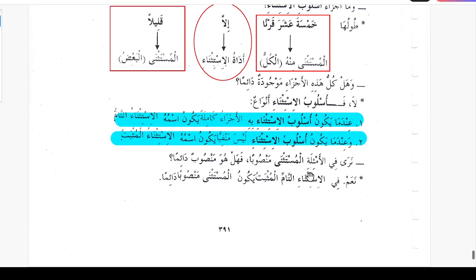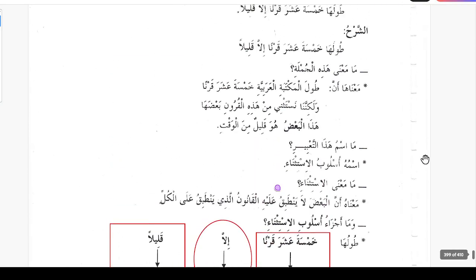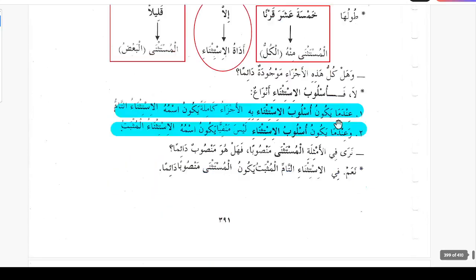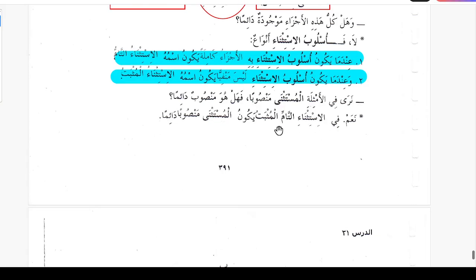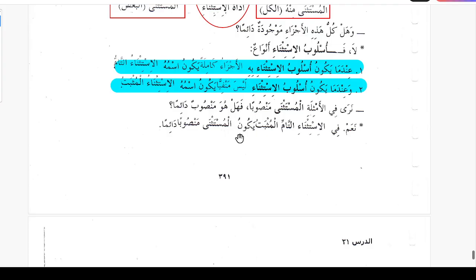Nara fil amsilatil mustasna mansuban, fa hal huwa mansubun da'iman. So the question is that the mustasna here is mansub, so is it always mansub? Na'am, yes. Fil istisnai tamil musbatu yakunu mustasna mansuban da'iman.